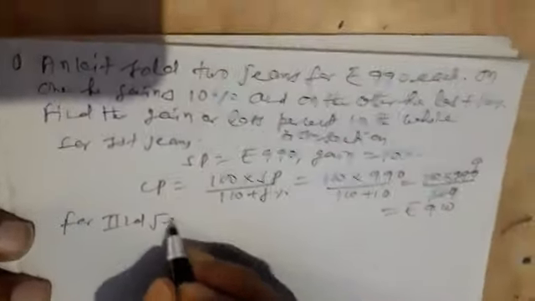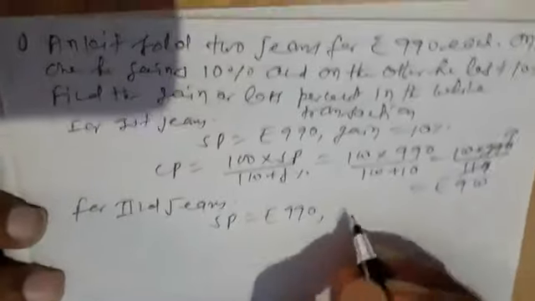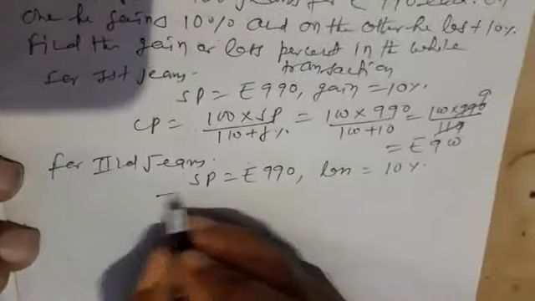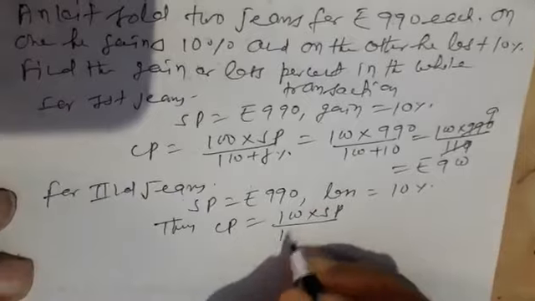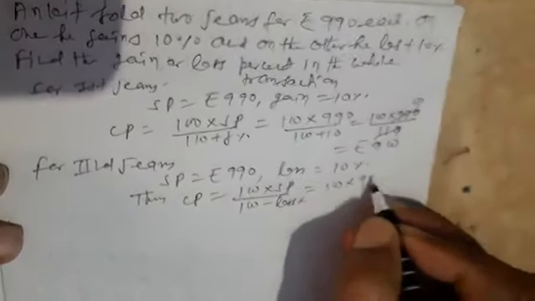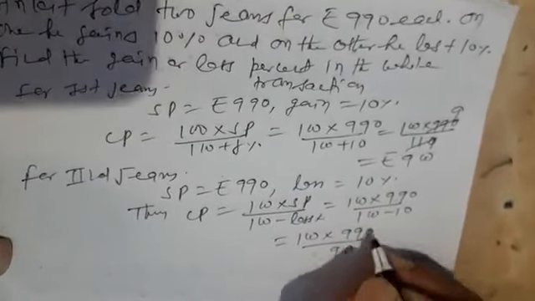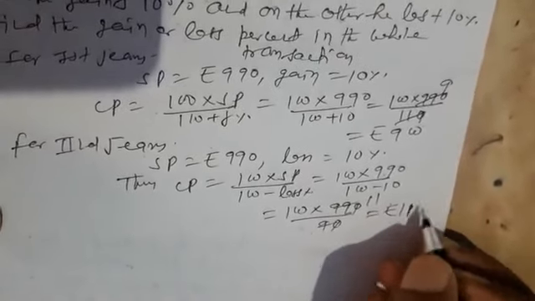For second jeans, SP is equal to rupees 990 and loss is here 10%. Then CP is equal to 100 into SP by (100 minus loss percent), means 100 into 990 by 90, cancel 11, means rupees 1100.